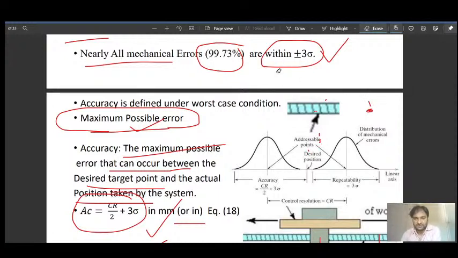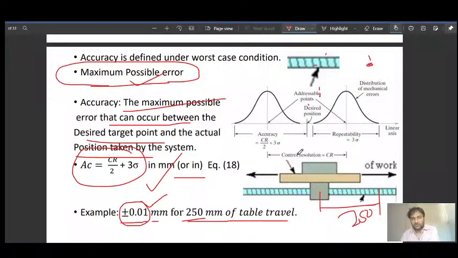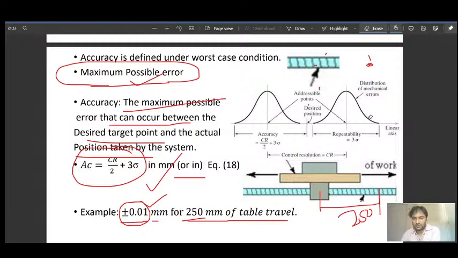In repeatability terms, if we have programmed that these are the points we have to achieve, then total from one side, as you can see, take it as a control resolution, total distance, this one and this one.